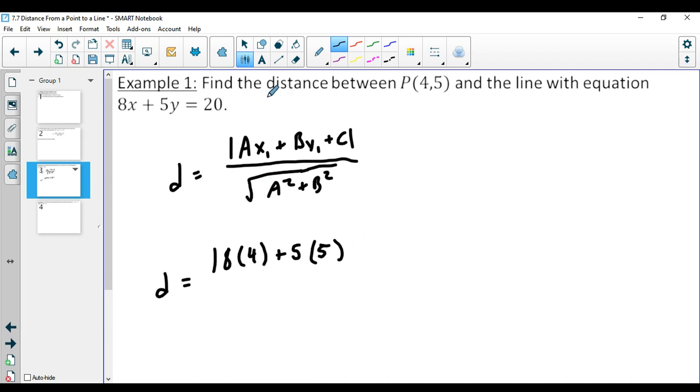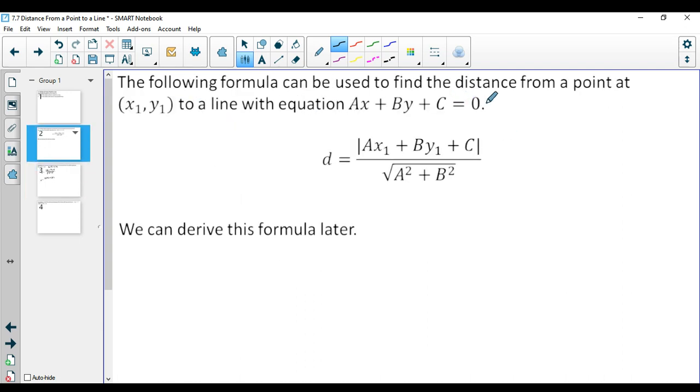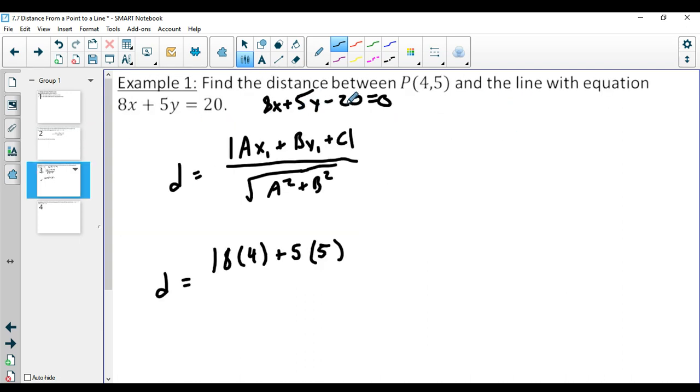And then real quick, it wants it in this form, where the c is on this side. We want equals 0 on this side. So our actual c is negative 20.